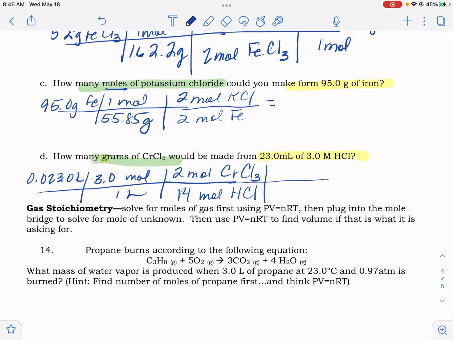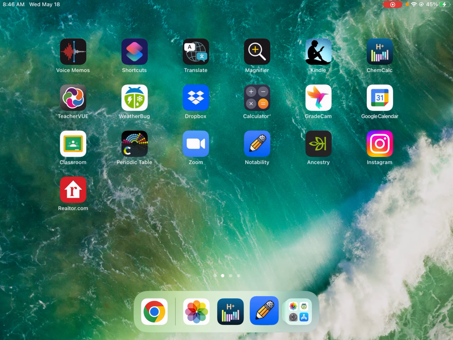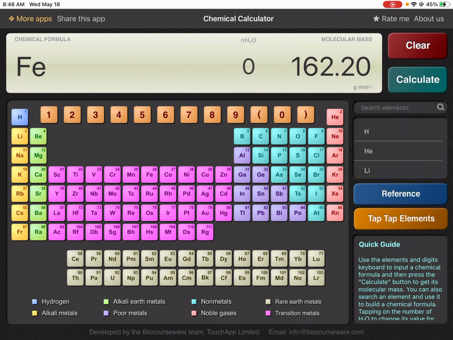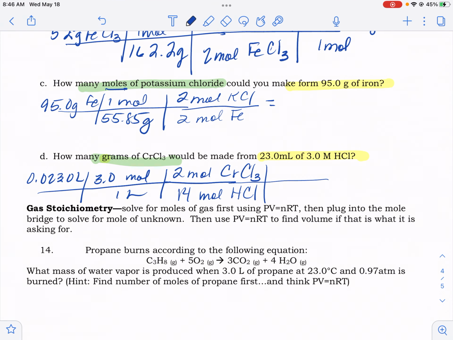And now for grams, just multiply by the molar mass. CrCl3, 158.35. And that would be how you work that guy.